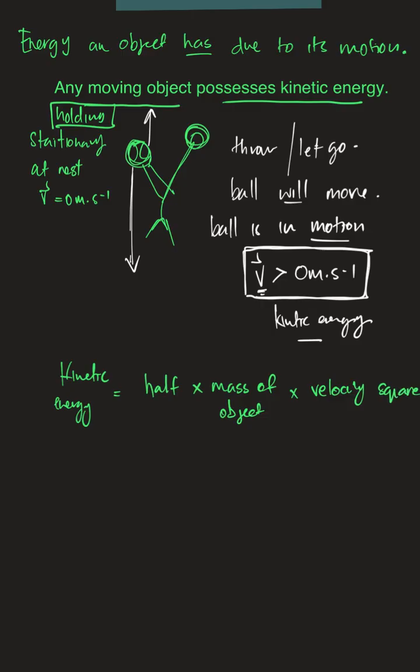When I'm writing it down, the formula is capital letter E, subscript K, or if you check other textbooks, you might have K, is equal to half times mass multiplied by V squared.